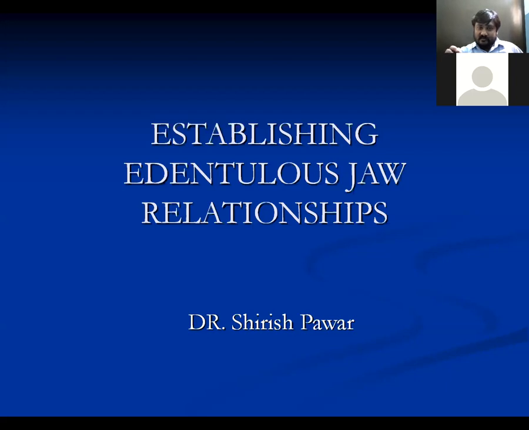All of you know that jaw relation is divided into three types. Which are those? First is your orientation relation, second is your vertical relation, and third is your horizontal relation. To make it simple, I am starting with your vertical relation.